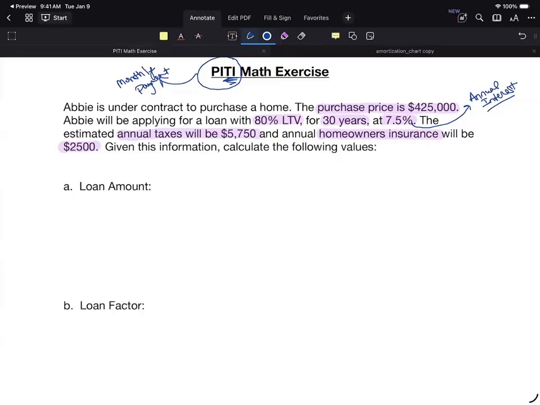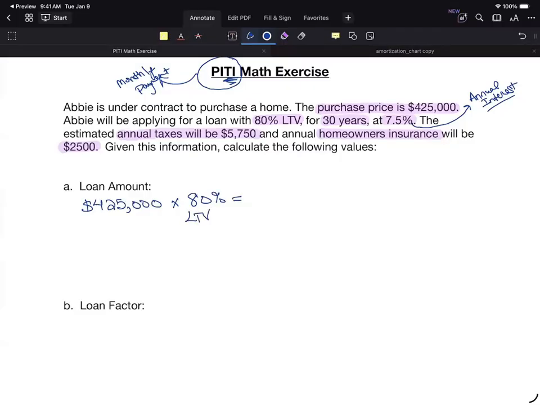So let's start at the beginning. All of this is going to be based off of a loan amount. Given all of these numbers, would you know how to find the loan amount? Yes, I think. How do you think you would find it? We would take the purchase price of the 425 and multiply it by the LTV, 80%.